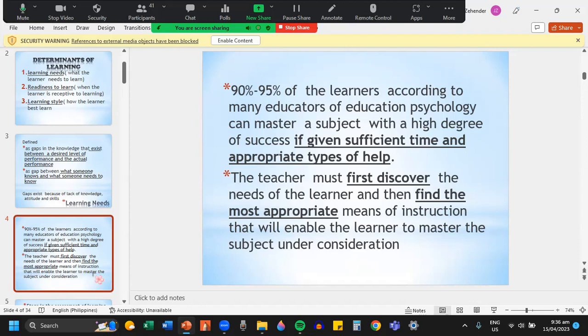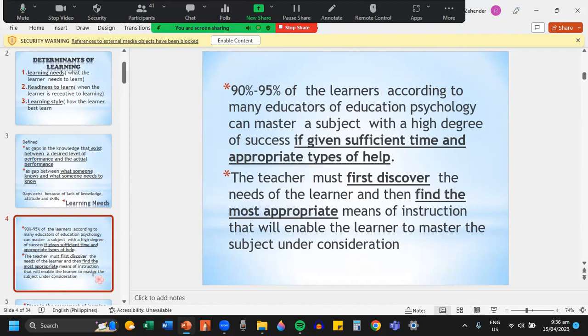next meeting. Kasi the moment that a student tends to feel too overwhelmed with the lesson, lesson overload, hindi siya retain ng additional information or input. So sufficient time is also a very important aspect in lesson retention.